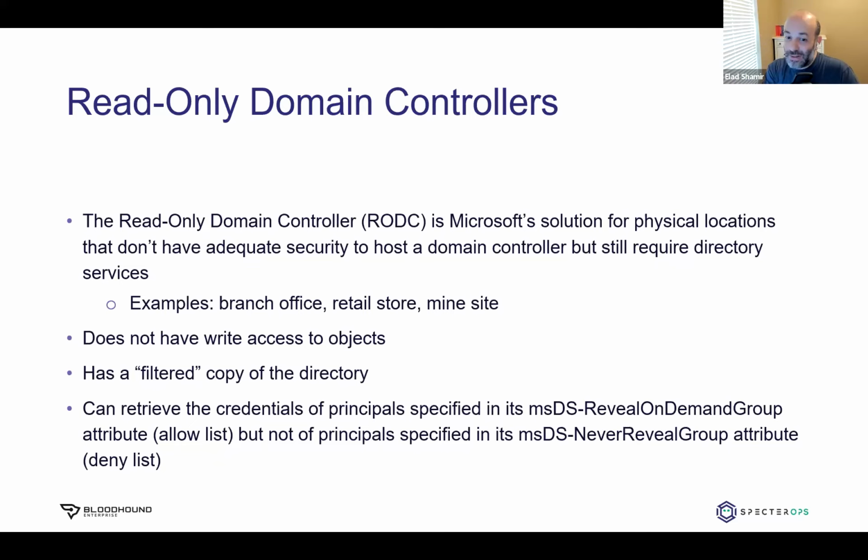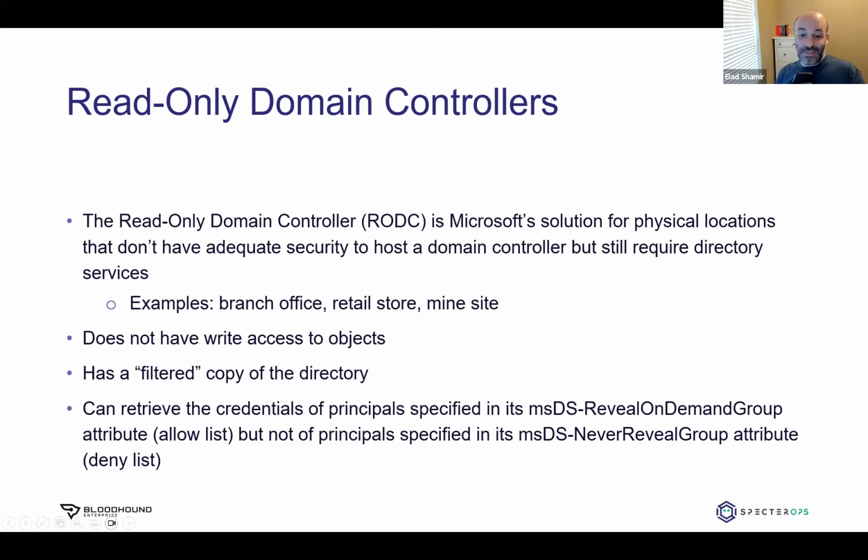There is an exception to that, and that exception is some passwords. So some user and service account credentials can be replicated to the RODC to support authentication. The idea is that every RODC should have its own password replication policy, allowing the credentials for accounts that operate in the same physical location to be retrieved.